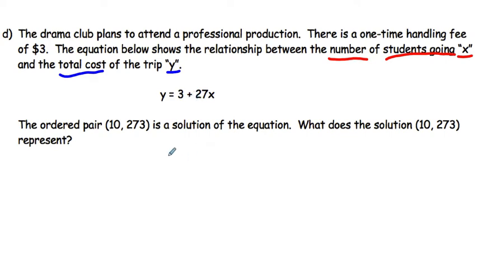Okay? So here our ordered pair. We know that the total cost is $273. We also know that X is 10. What does X represent? X represents the number of students going. So the number of students going is 10, so there's 10 students going. So the cost of the tickets, 27 times 10, will be $270, and then we have that $3 handling fee. Okay, so one more time, let's write this out.